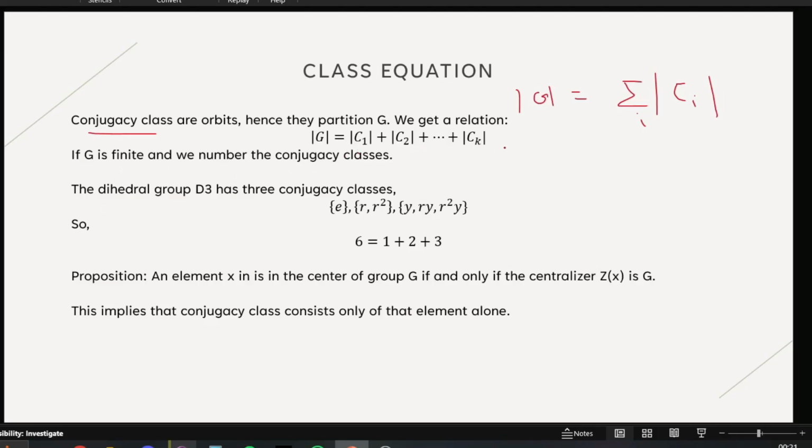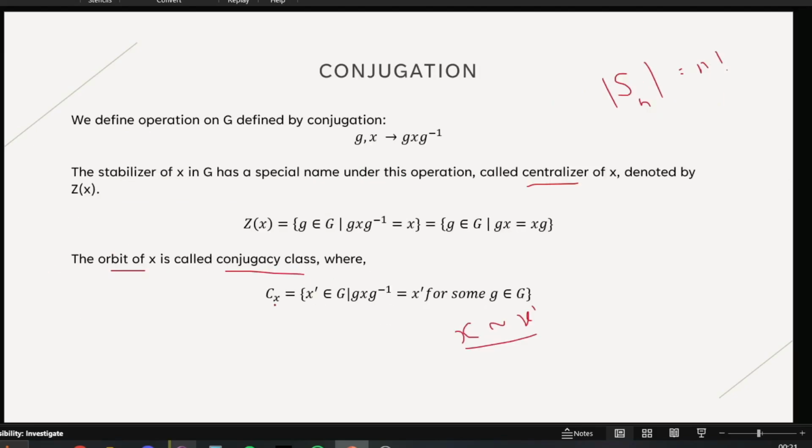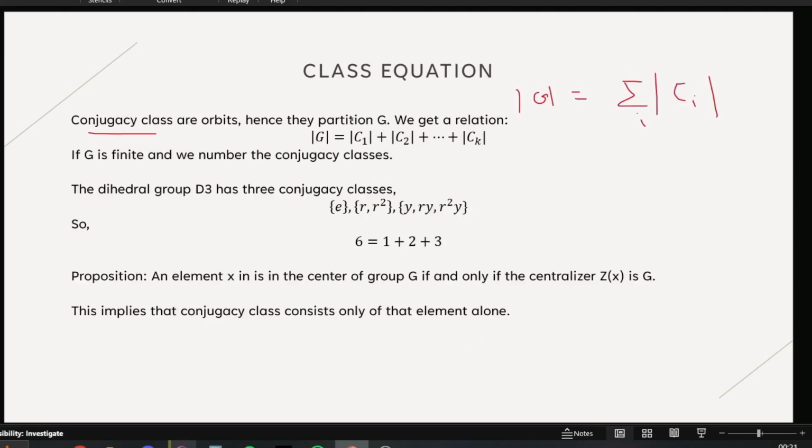So when we number these, we use this notation. C1 will be for the identity. The others can be any other conjugacy class.